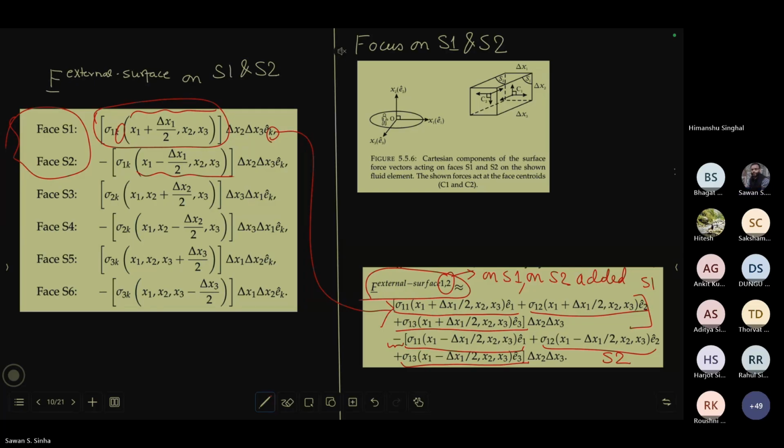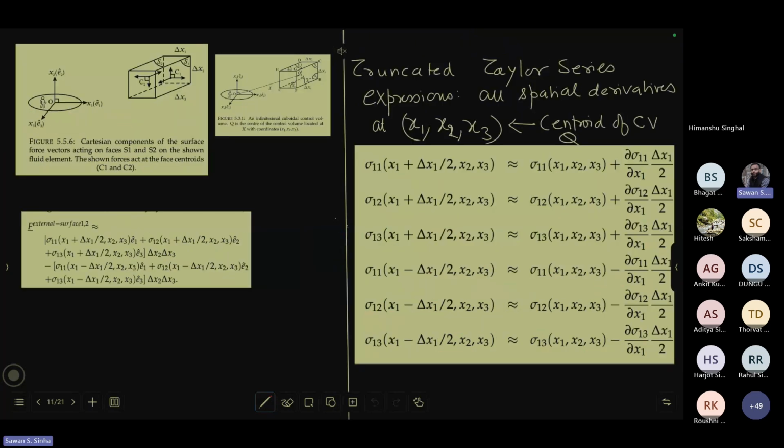All right. Expanded form of what I have here. What am I going to do next? I am going to use Taylor series expansion. These pictures are the same that I had on the previous slide. I just put them here for continuity. This is the new material on this slide.